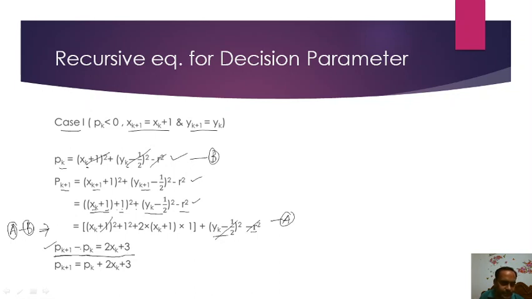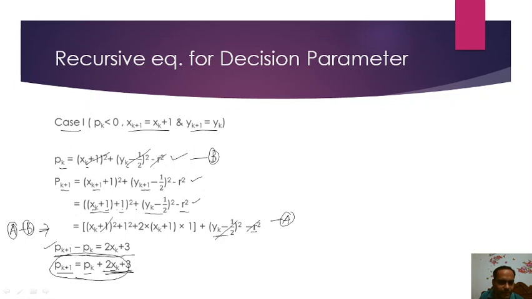If we rearrange a bit, this minus pk will shift to the right hand side, and we will get pk+1 is equal to pk + 2xk + 3. Now this equation is the recursive equation for finding decision parameters. Suppose we know the decision parameter for the kth point, pk. Adding these two known values to this decision parameter, we can get the decision parameter for the next point, pk+1.